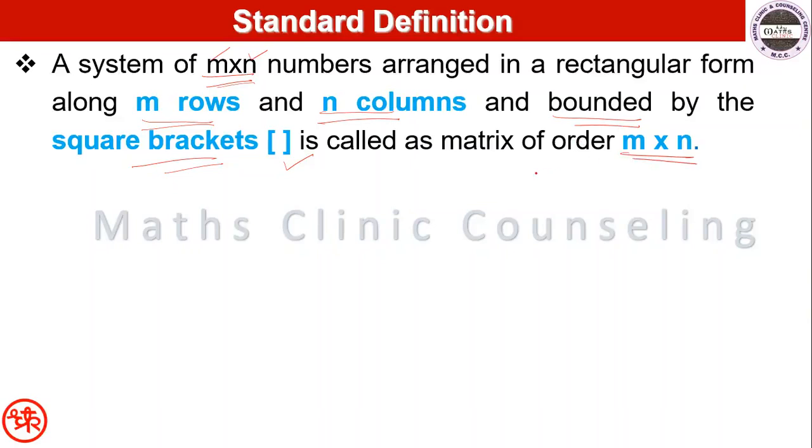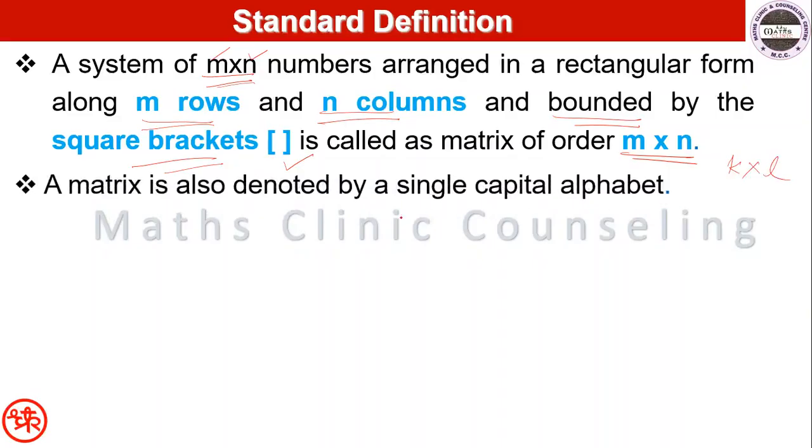If in place of m rows we write k rows, and in place of n columns we write l columns, the order would be k by l.